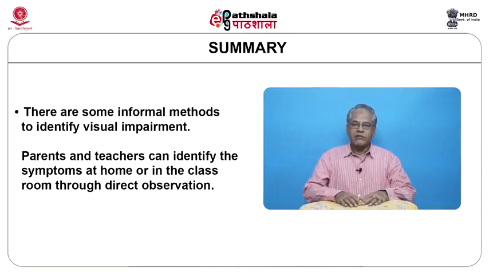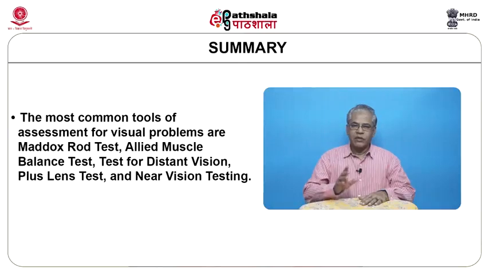There are some informal methods to identify visual impairment. Parents and teachers can identify the symptoms at home or in the classroom through direct observation. The most common tools of assessment for visual problems are the Maddox rod test, the Allied muscle balance test, test for distant vision, plus lens test, and near vision testing.